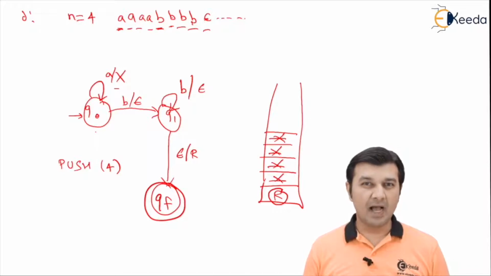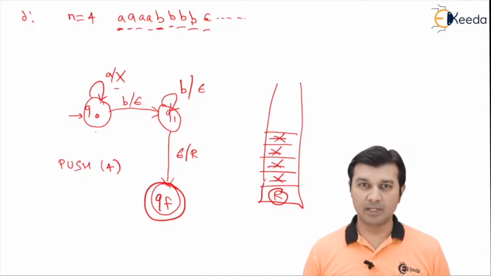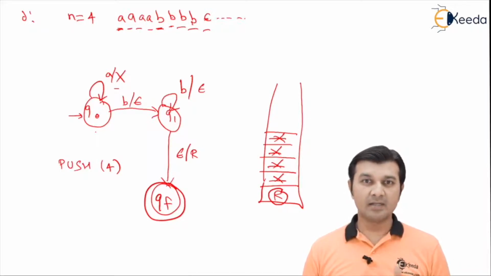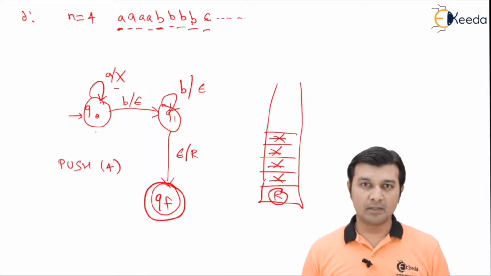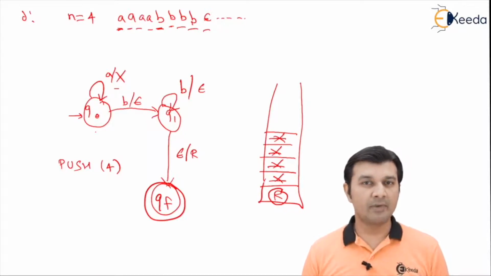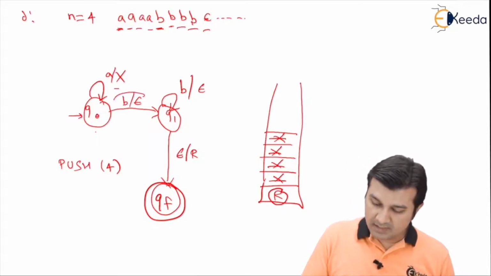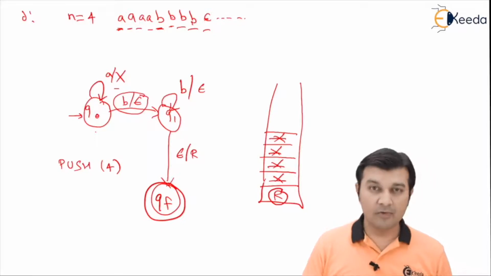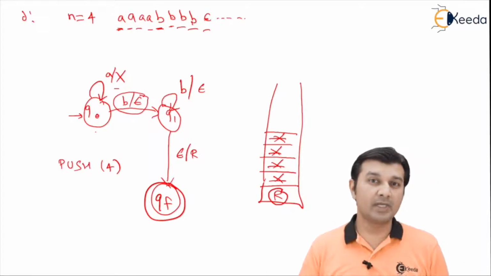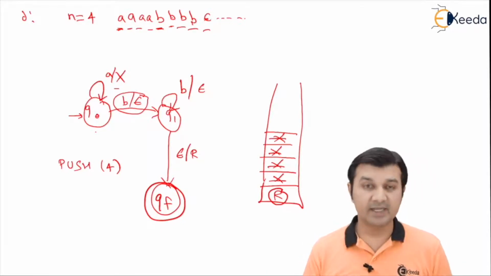My friends, I only wanted to explain over here that unless and until a state change is required, an operation will never change. So for the push operation, I'll have the same thing going on and on. For the pop operation, also I'll have another state repeating the same thing. Now this is the transition b slash epsilon only for the first pop operation, because we cannot keep on rotating it again in state Q0.